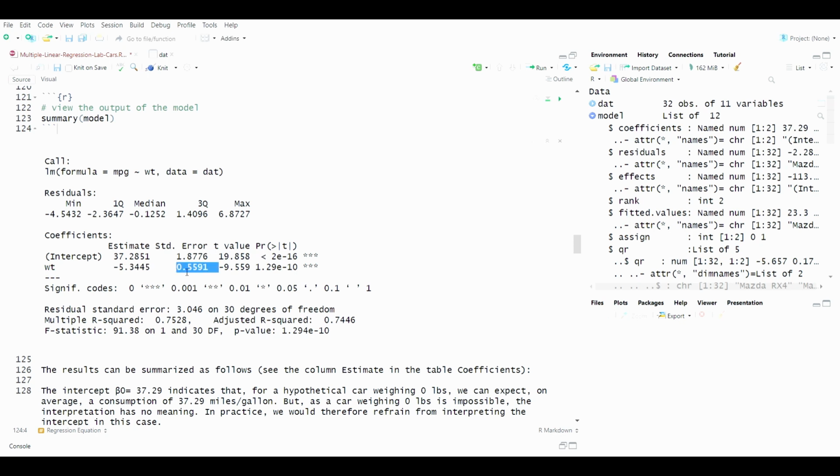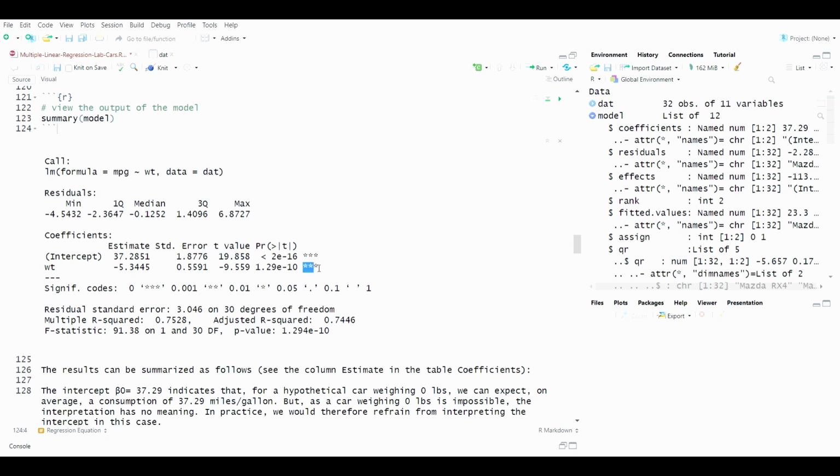We also have a standard error for this slope estimate. If you divide the estimate by the standard error, you get a t-value, which in this case, the absolute value of the t is greater than 2, which means we're very likely to have a significant effect. And in fact, we do. We have a very small p-value. It is 1.2 to the negative 10.